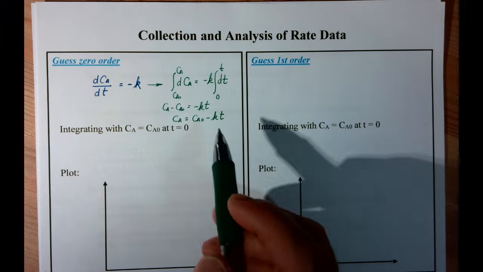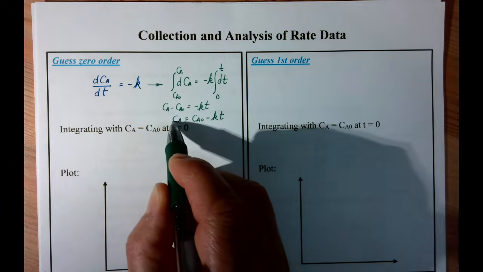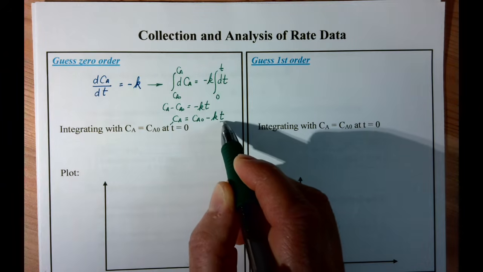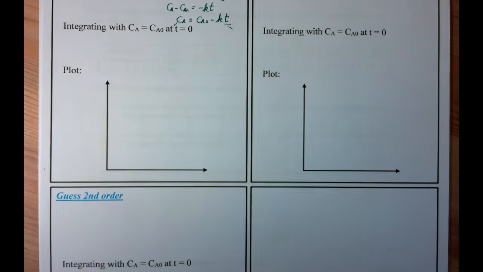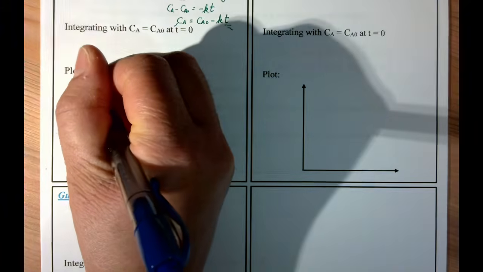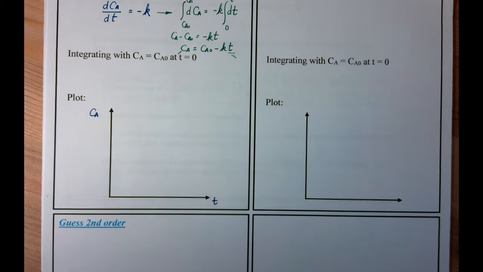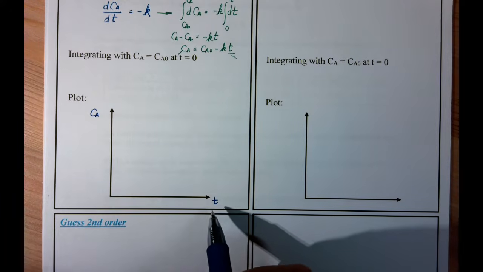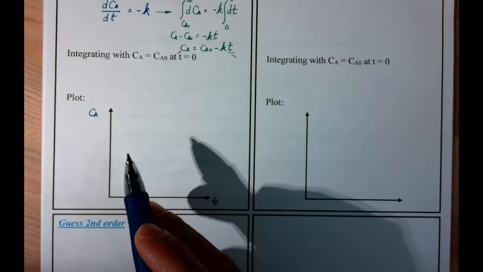This is the equation of a line where this is my y value and time is my x value. So what I would plot is time versus CA, and I should get a line. I would plot my experimental points for time versus the concentration.